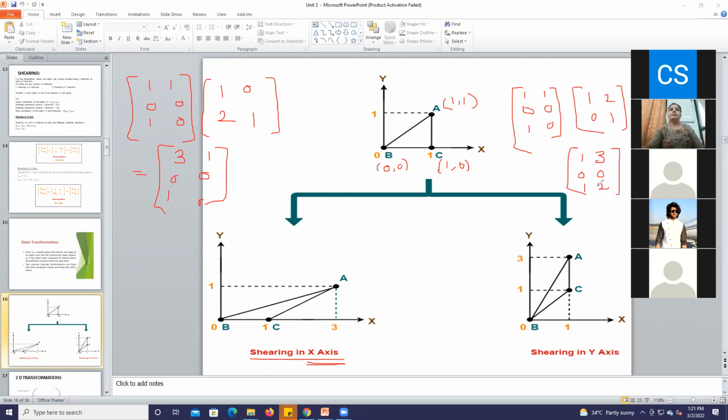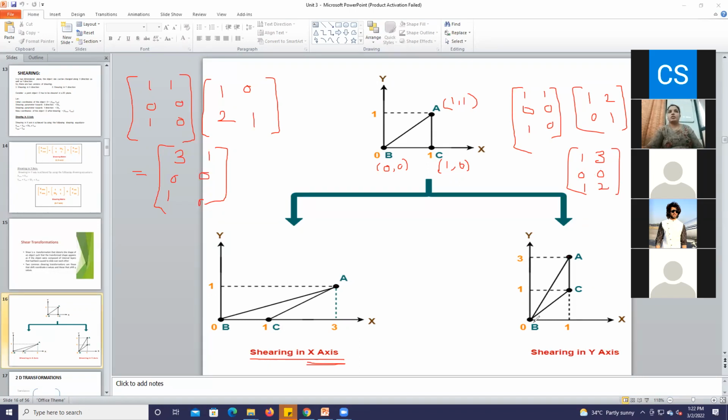Okay. So we can see now. We will plot a point at 1, 3. So its x value is 1. It is not changed. Earlier also x value was 1, but y value has been changed. Earlier y was 1, that has become 3. So A is here.